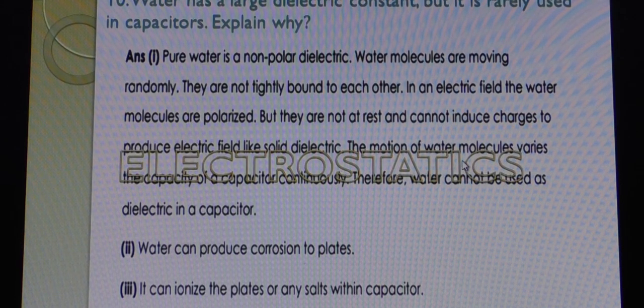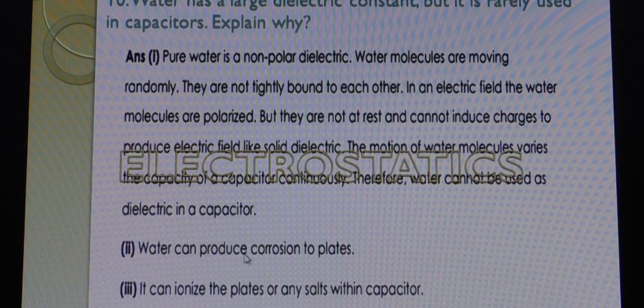The motion of water molecules varies the capacity of a capacitor continuously, because the molecules of water are continuously moving randomly. That's why we are unable to keep its motion constant, and the capacity of the capacitor would definitely change. Therefore water cannot be used as a dielectric in a capacitor.